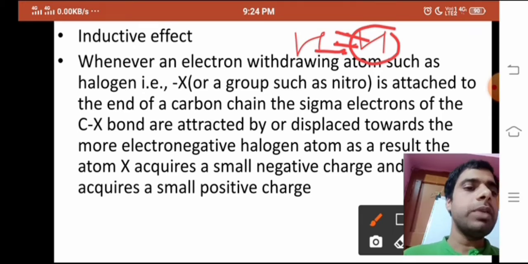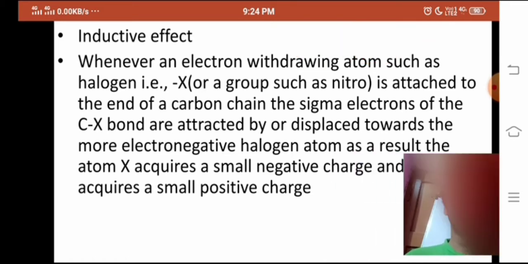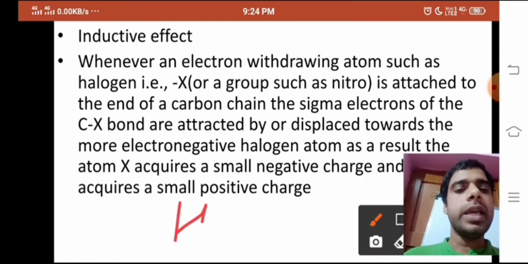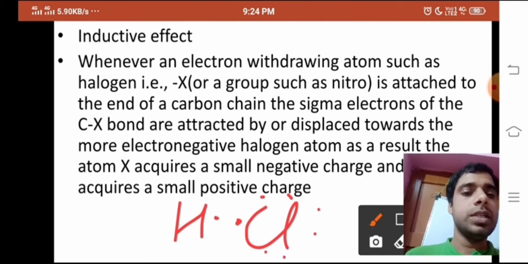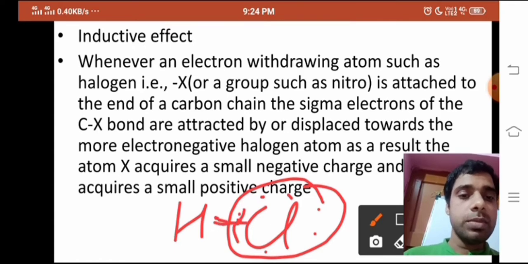But if I take an example of HCl, a polar molecule, what will you see? In HCl, chlorine has seven electrons in its outer shell, and hydrogen has its one electron. Now you also know this chlorine is more electronegative, so it will try to pull this electron pair toward itself.